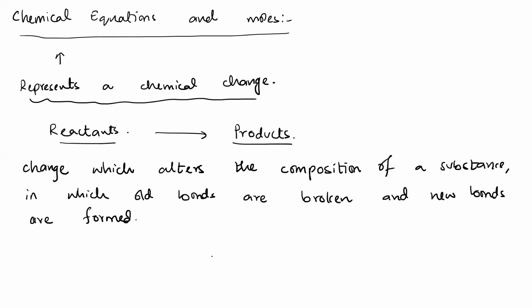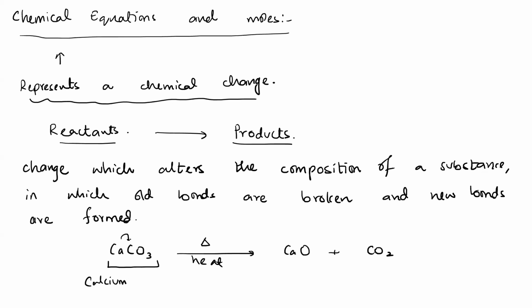See, thing is, if you talk about, for example, calcium carbonate, okay, and we heat this substance up, this is a symbol for heating. So what happens is it converts into calcium oxide and carbon dioxide. So initially, what you see here is calcium being connected to carbon and carbon being connected to three of the oxygen atoms.